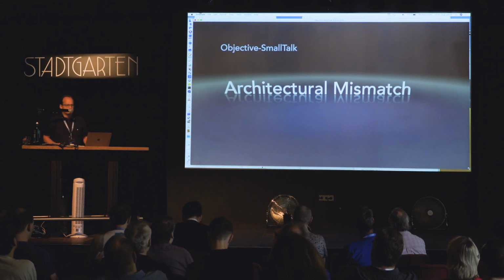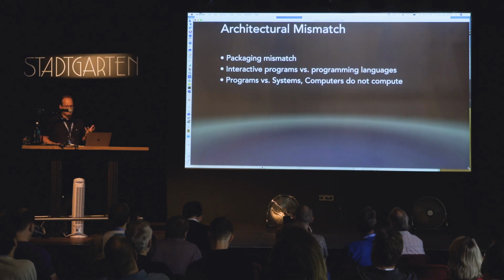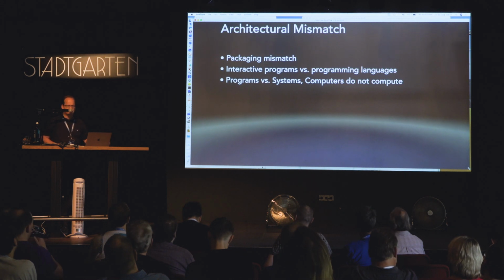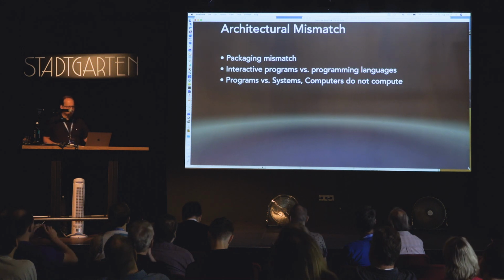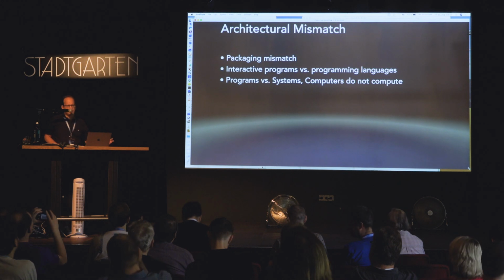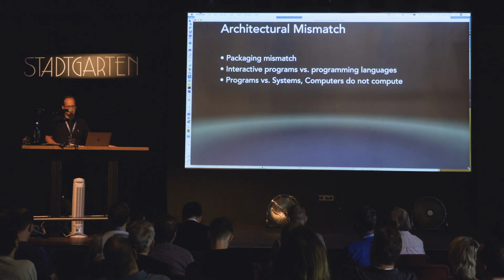So what's this architectural mismatch this guy is talking about? Well, I've sort of identified three basic versions. The first one, which was kind of where the name came from, is pretty much packaging mismatch. Then later somebody identified that the architecture of interactive programs doesn't really match the implementation technologies that we use to implement them.